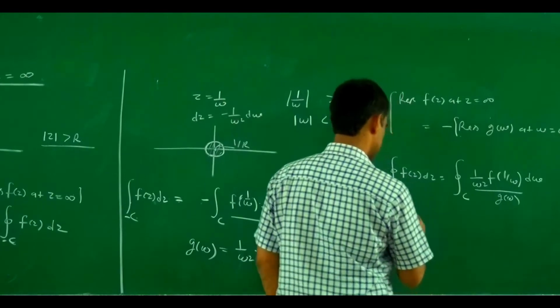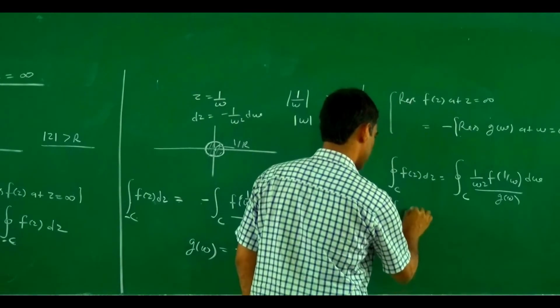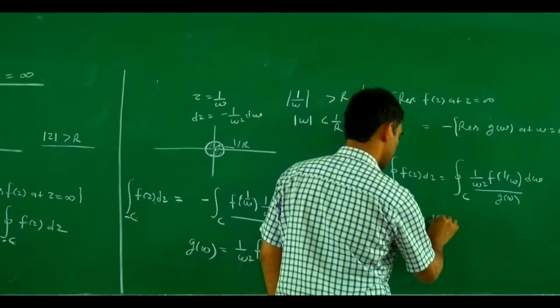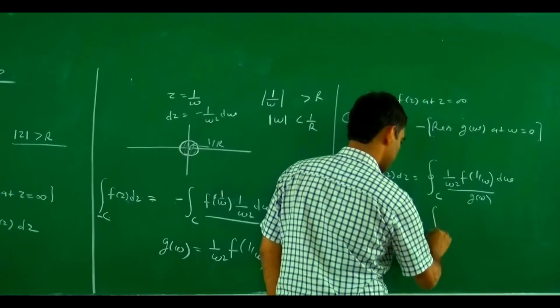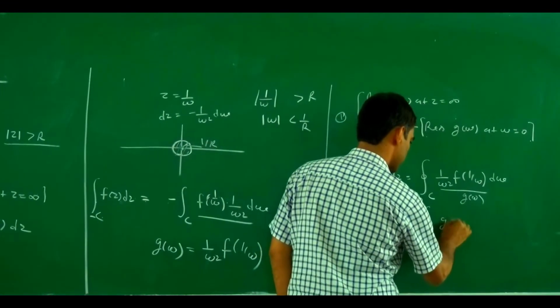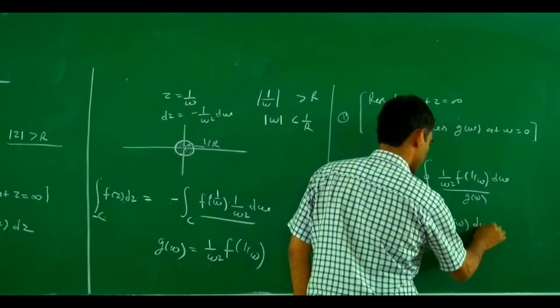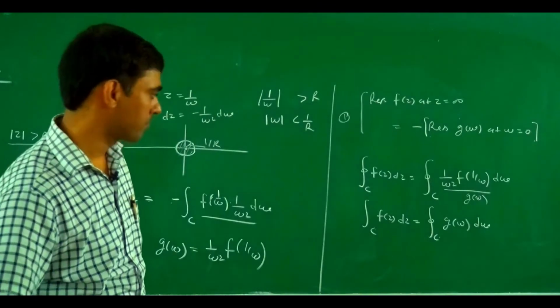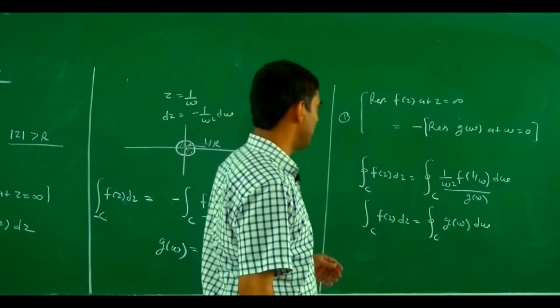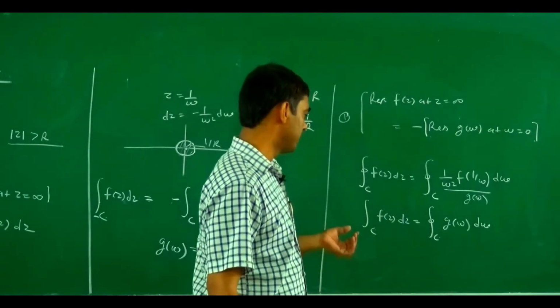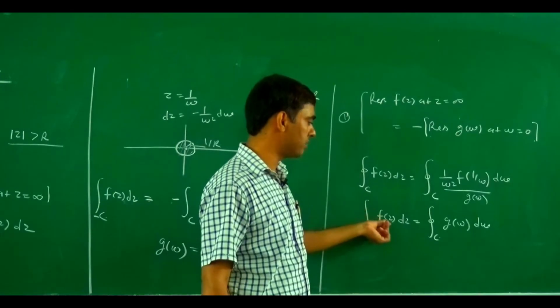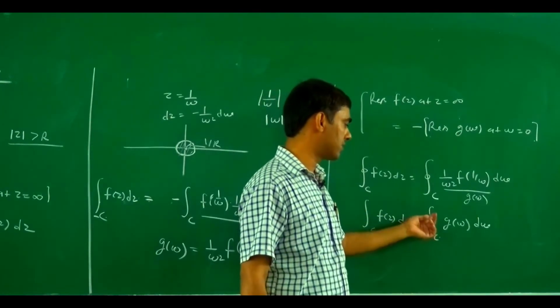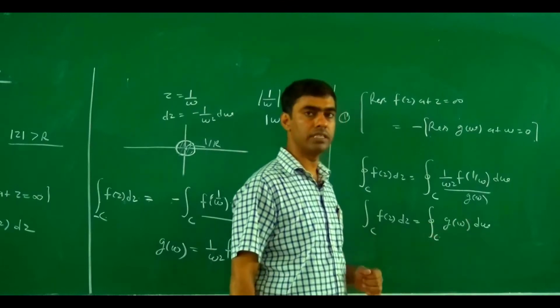So you may say that the integral over C of f(z) dz equals the integral over C of g(w) dw. So we conclude that the integral over C of f(z) dz equals the integral over C of g(w) dw.